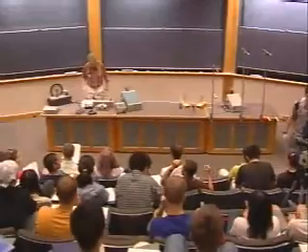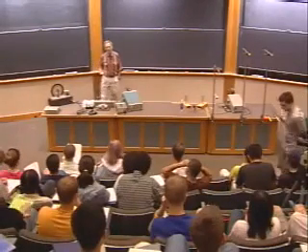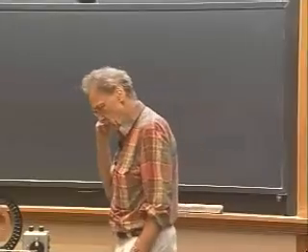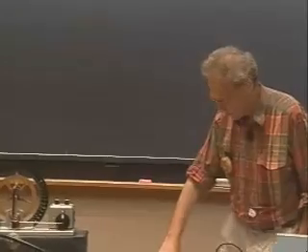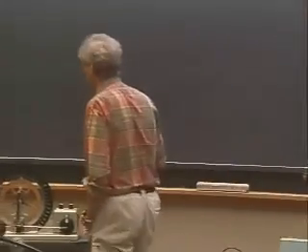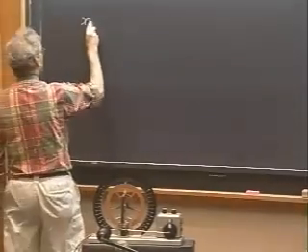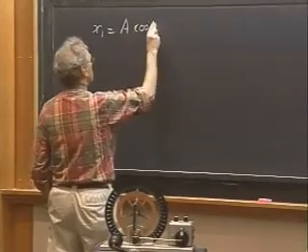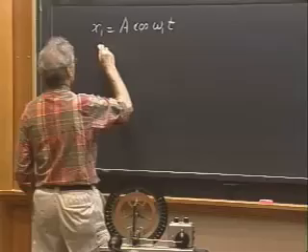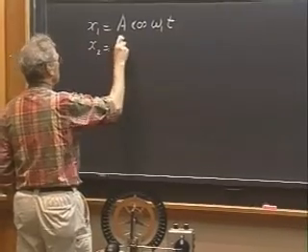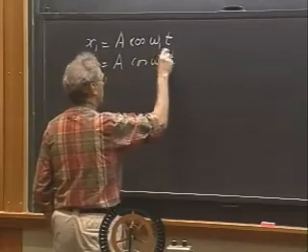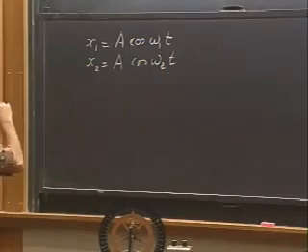I will start today with a very interesting phenomenon which is known as the beat phenomenon. Suppose you have two simple harmonic motions with the same amplitude but with different frequencies. So we have x1 is A times cosine omega 1 t, and you have x2 which is A times cosine omega 2 t, and the two are different, same amplitude.